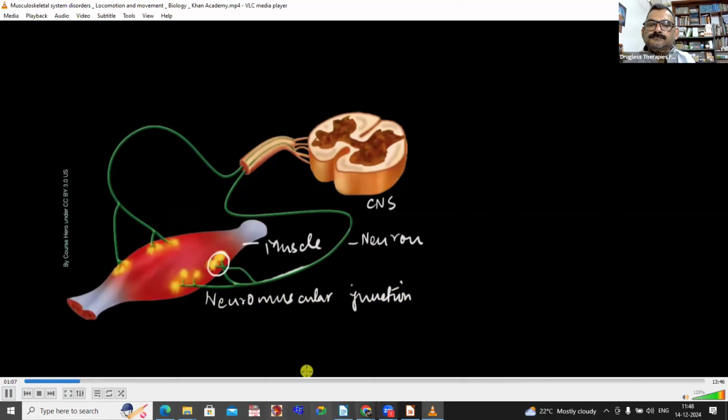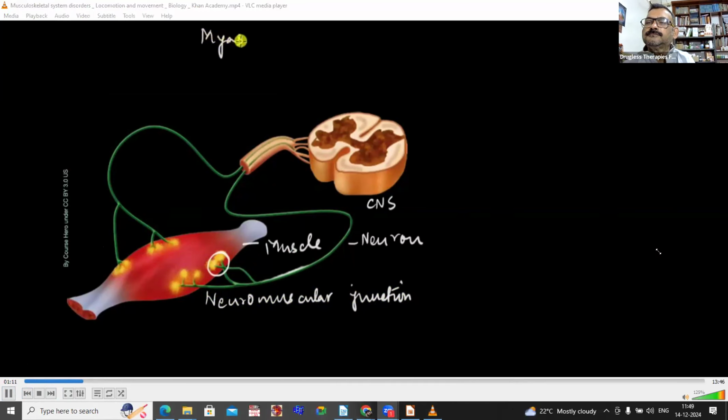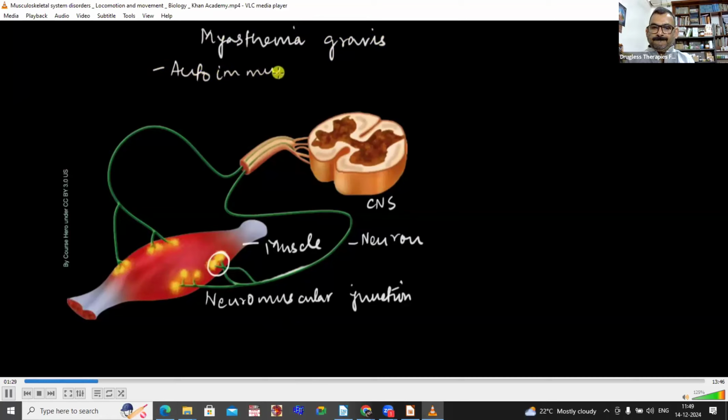So what happens in a disease called myasthenia gravis is that the neuromuscular junction is attacked by our own antibodies. So that is an autoimmune disorder. Our antibodies go and attack the neuromuscular junctions.